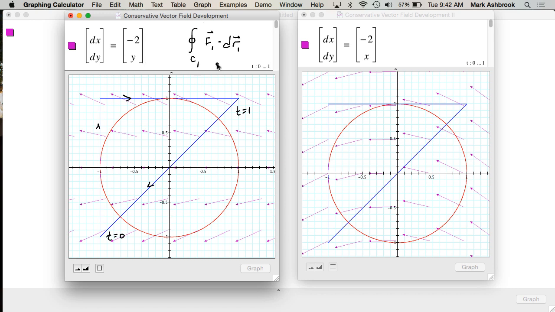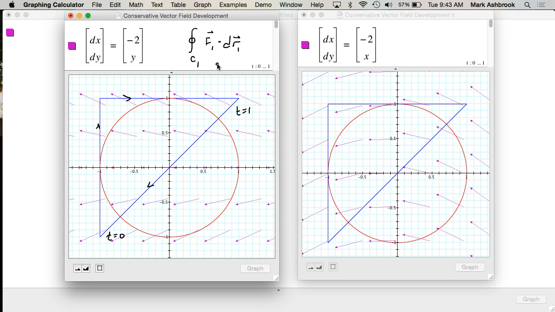So an integral with a little circle means that you're making a loop, and you're ending up where you started. So you're going to do 4 of those. F1C1, F1C2, F2C1, F2C2.